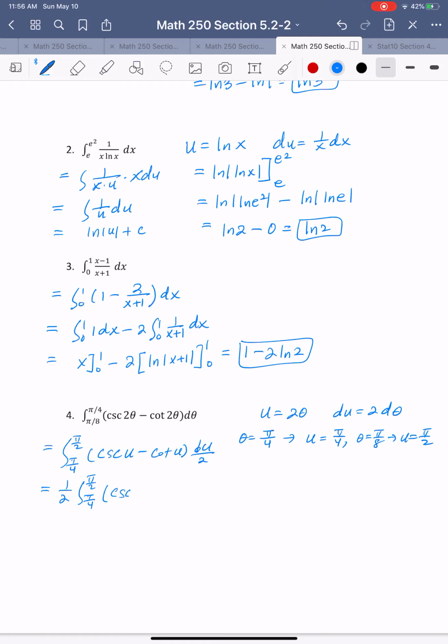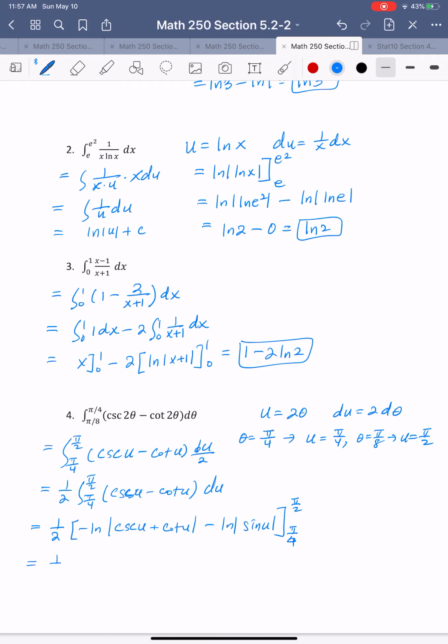And you got cosecant u minus cotangent u du. And then use the integration, which is going to be negative ln of cosecant u plus cotangent u, minus ln of sine u from pi over 4 to pi over 2. And then plug it in.